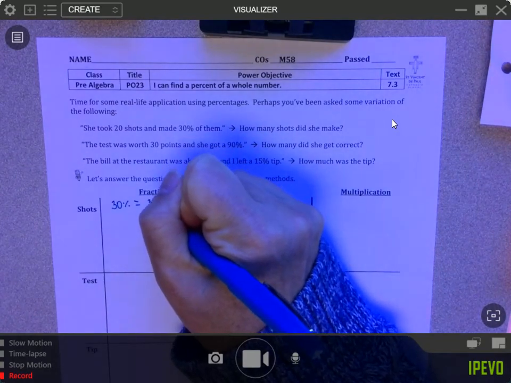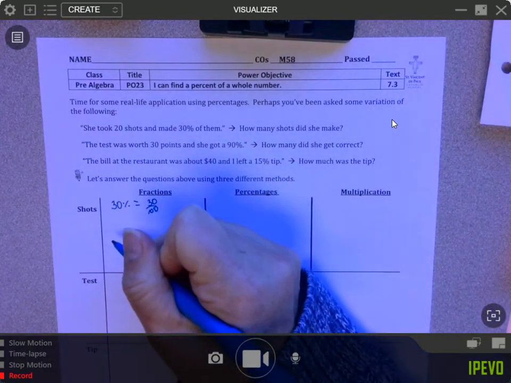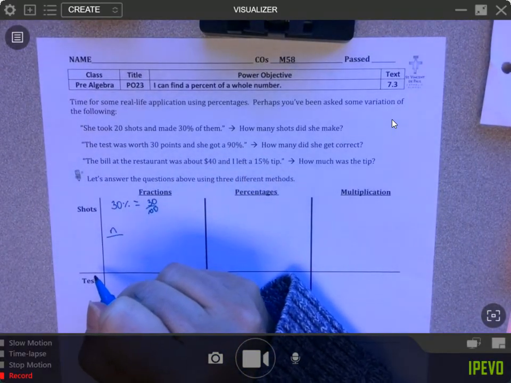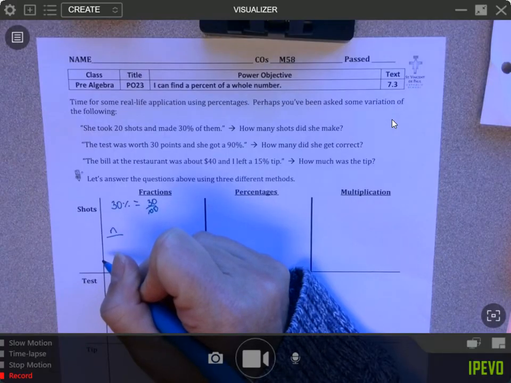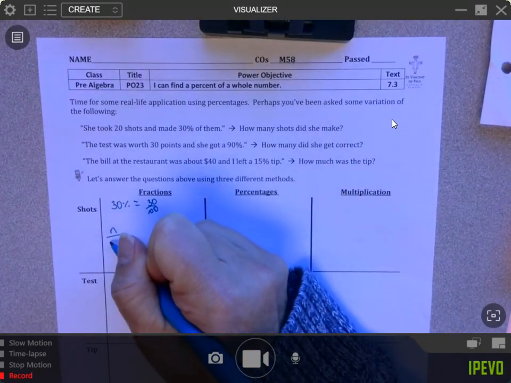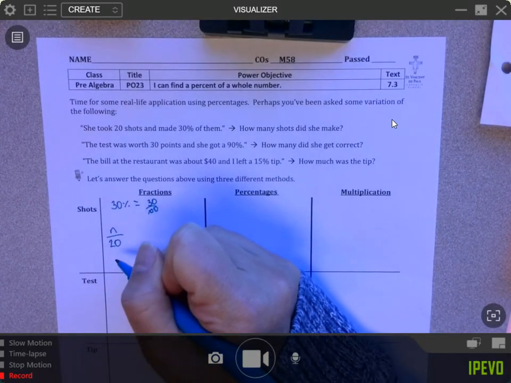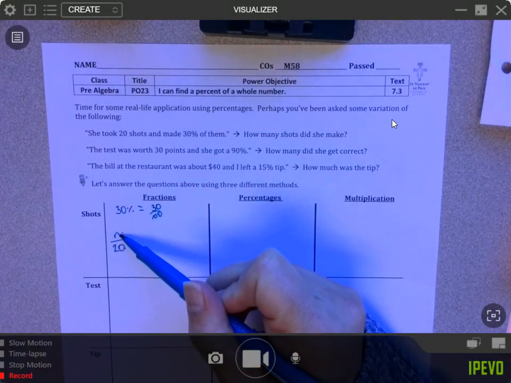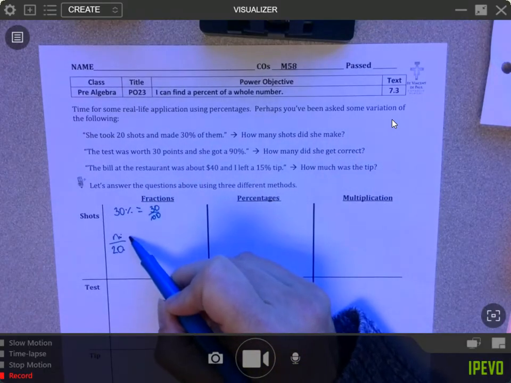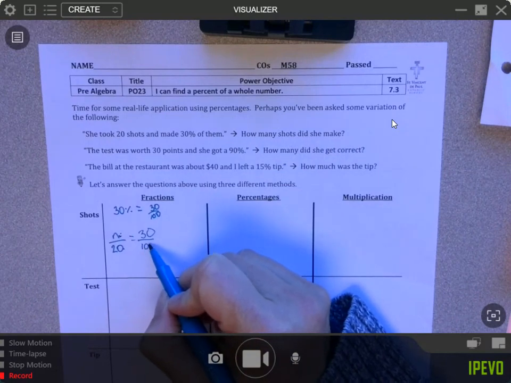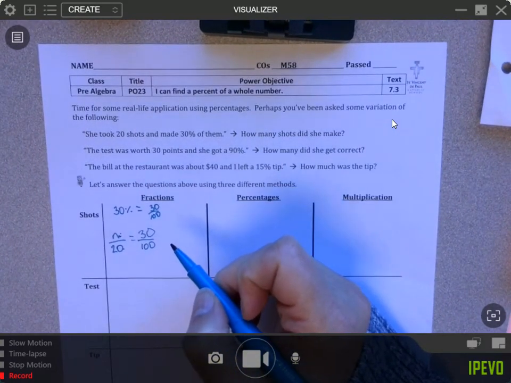So we know that she took 20 shots. We don't know how many she made, but we know that it's going to equal 30 out of 100, because that's the percent that she made.